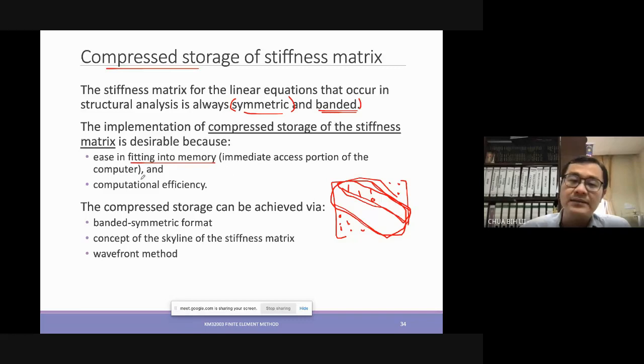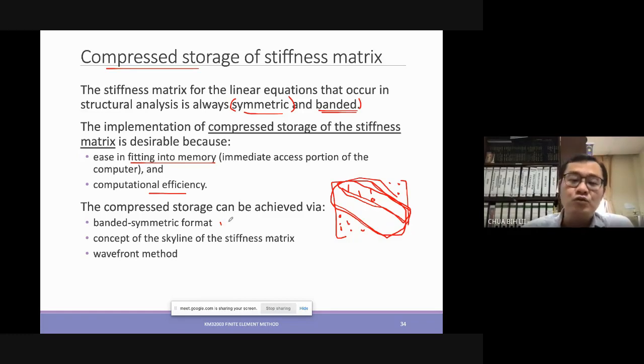And then when the size is smaller, the computation would take place in a more efficient and faster way. So that's why it is much desirable, and most of the finite element software actually implement this type of compressed storage method. So in general, there are 3 ways of doing it.